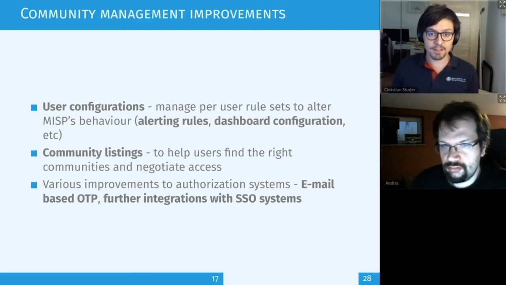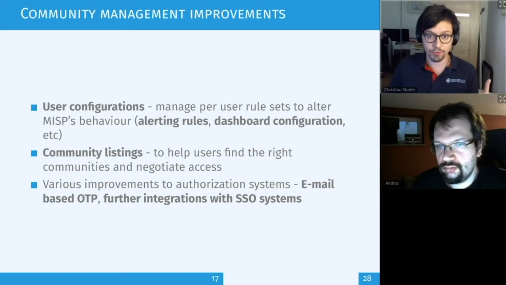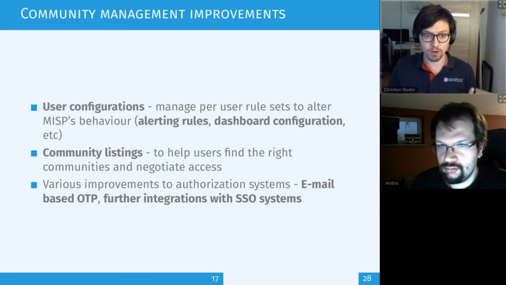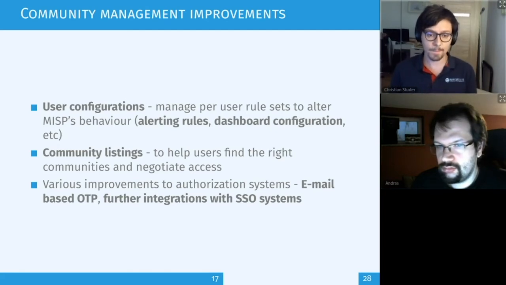We also added a community listing system, so communities can opt in to be listed here if they reach out to us. And they will be listed by default in any new MISP installation. The idea is that we now have a simple process where users can select the communities that they think they ought to have access to and apply to them directly from MISP.